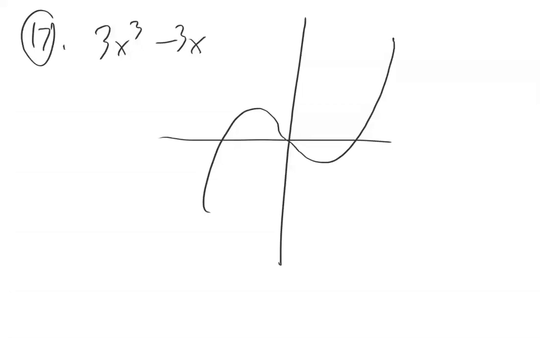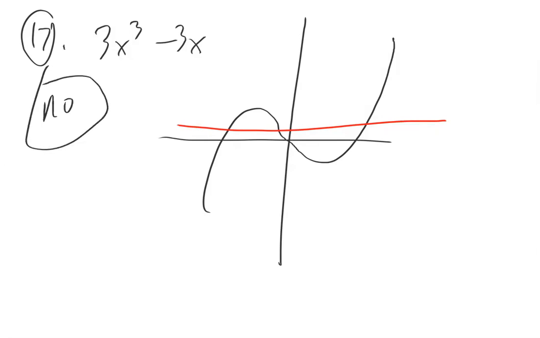Well, to find out if the function is 1 to 1, you do the horizontal line test. You're going to assume it's yes, unless you can draw a horizontal line that touches it more than once. If I draw a horizontal line through there, it does touch it more than once. So now the answer changes to be no. This function is not 1 to 1.